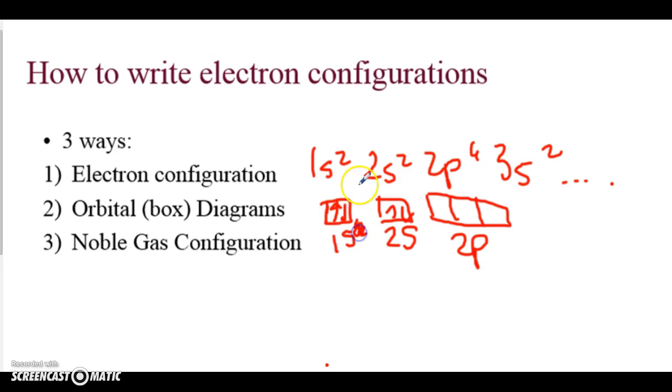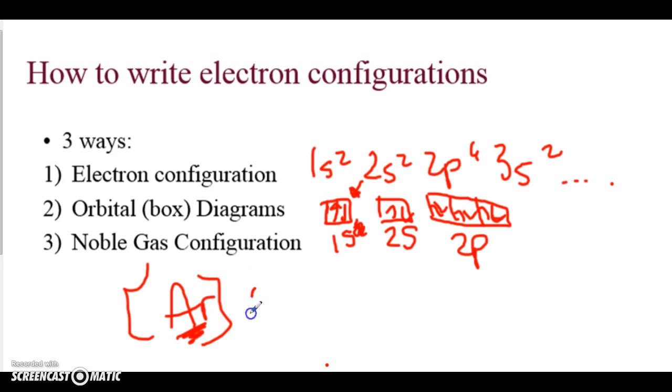Those electrons are represented by arrows. Oh, that was bad. Did you see what I did wrong there? I filled it up twice first. Okay, so that's orbital box. And then noble gas configuration. We'd have the noble gas in brackets. So this means that takes care of 18 electrons.